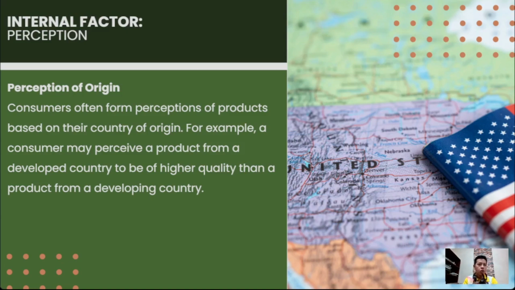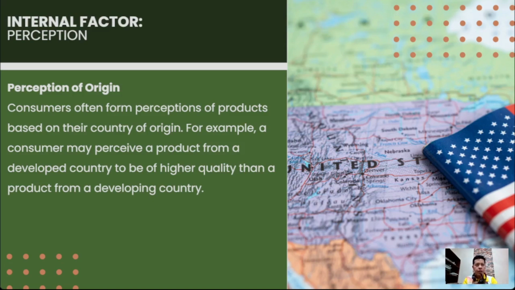In fact, although this is not ethical, sometimes even products that are made in China are packaged and stamped with a label that says made in the United States. That is true.